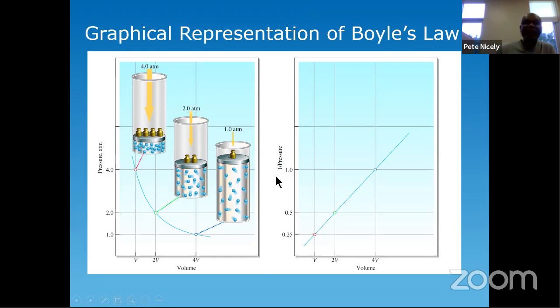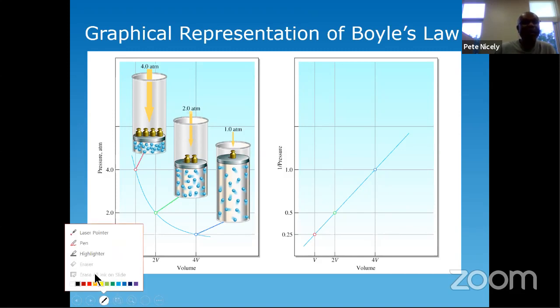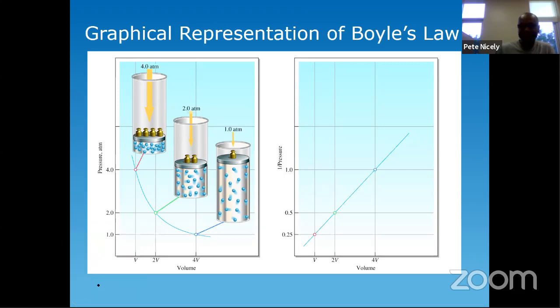And then over here, we have the relationship between 1 over P versus volume. And this is actually a bit more convenient quantitatively because you have a linear relationship. Let me explain how this works.